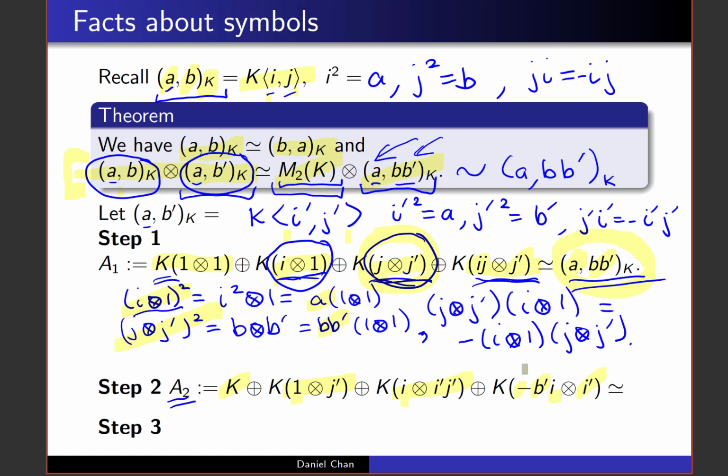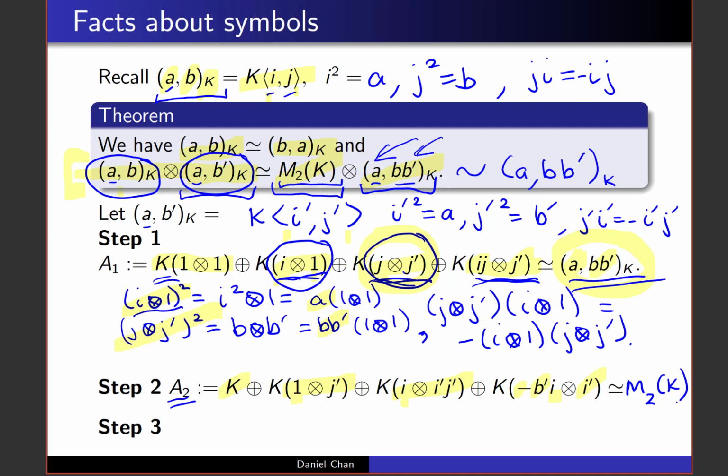And you can check that this is a quaternion algebra, but this quaternion algebra is actually split. So if you do a little bit more work, you can actually show it's a split quaternion algebra. So it's isomorphic to 2 by 2 matrices in the field K. Okay, great.